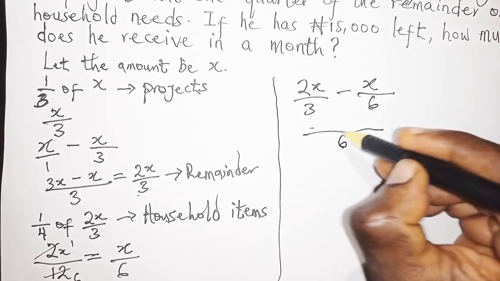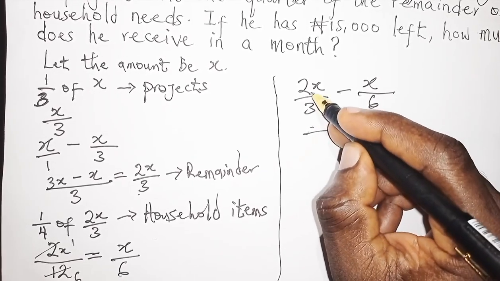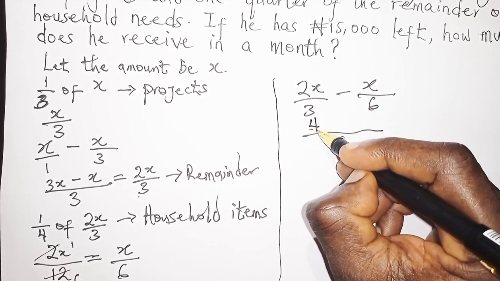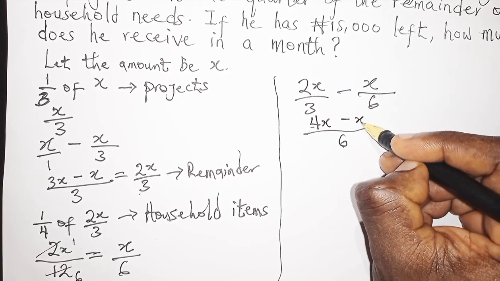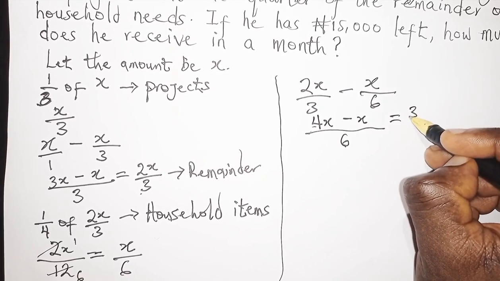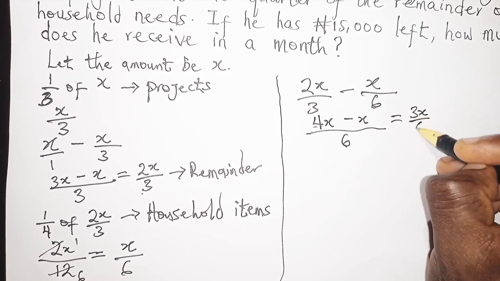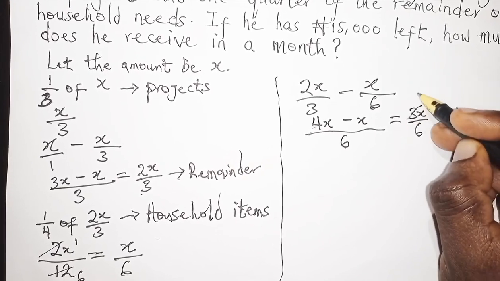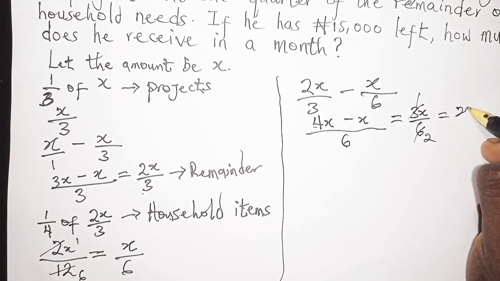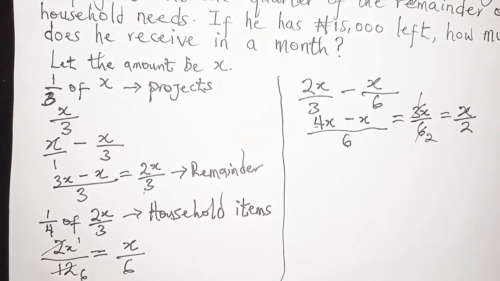The LCM is 6. 3 goes into 6 twice. 2 times 2X is 4X. Minus 6 into 6 is 1 times X. So we have 4X minus X is 3X over 6, which simply means X over 2.